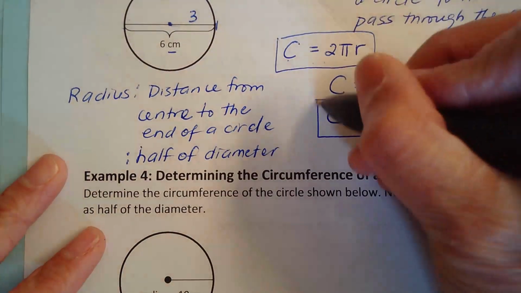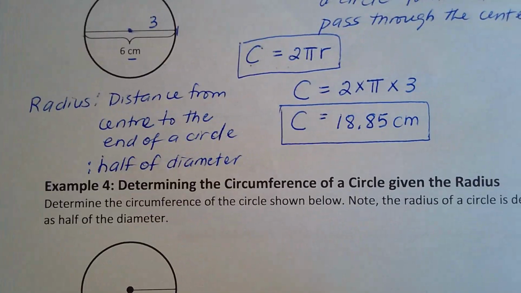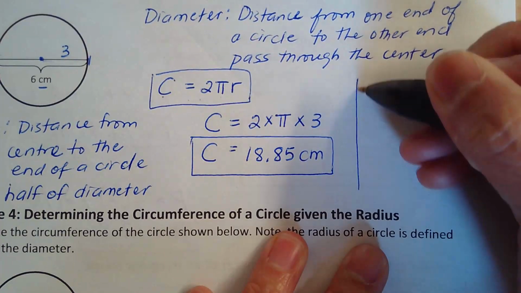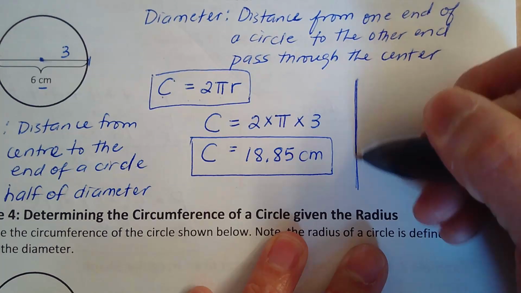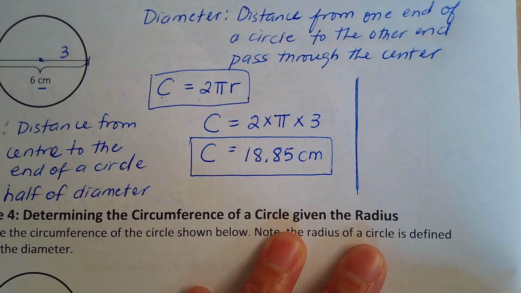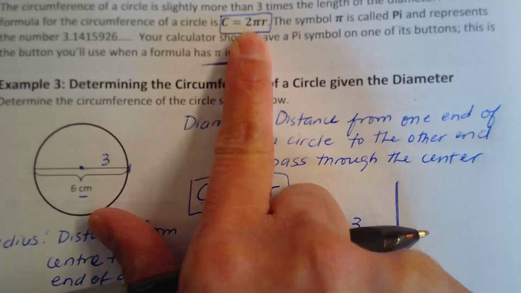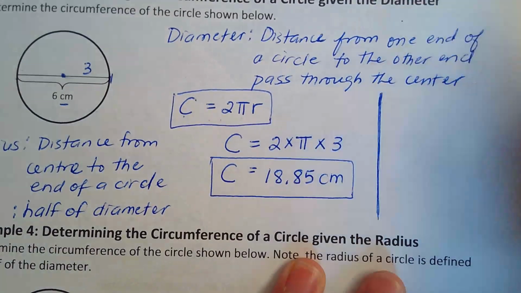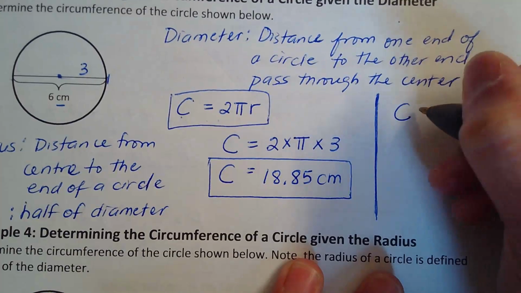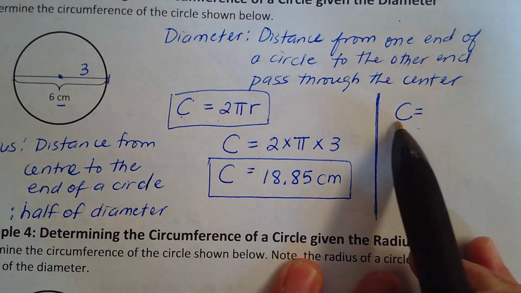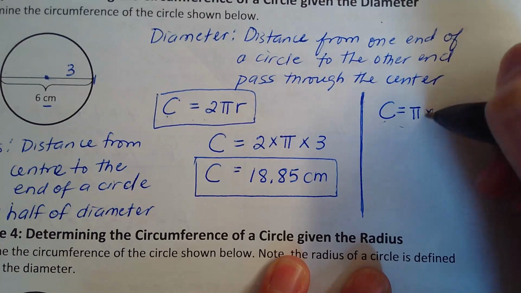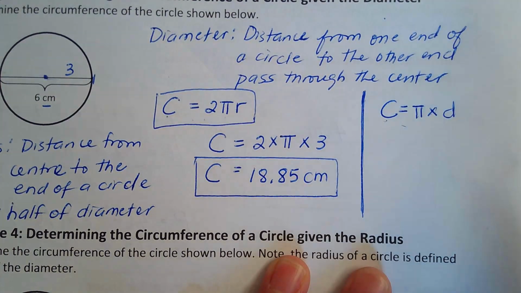So this is an interesting one. Here's the other formula for circumference. I know that they wrote down 2 pi r in the top. You can do 2 pi r. But interestingly enough, Ben said circumference is the same thing as pi times d.